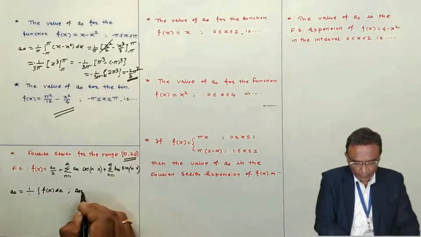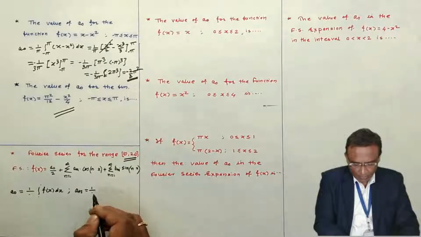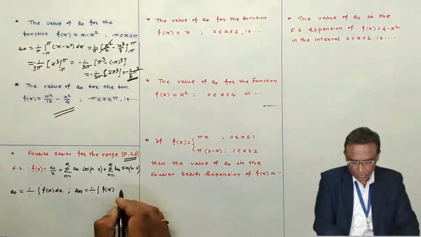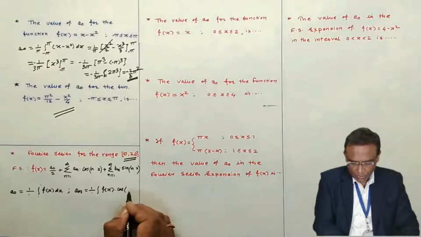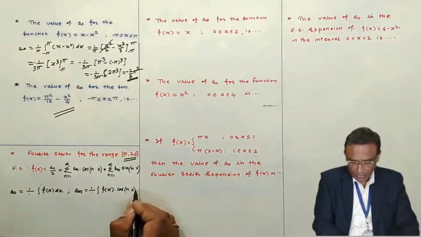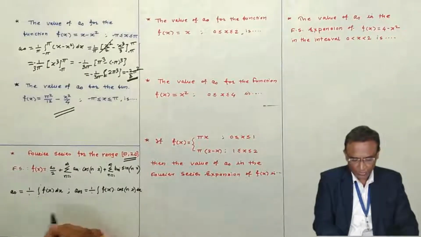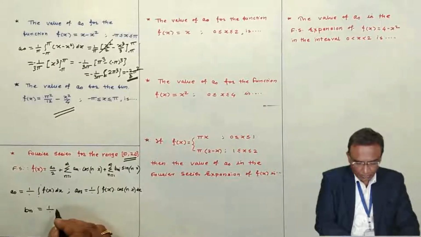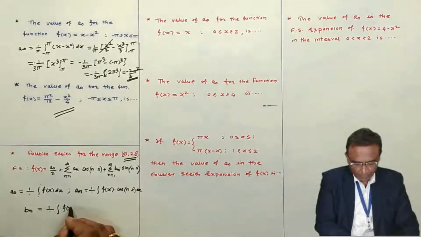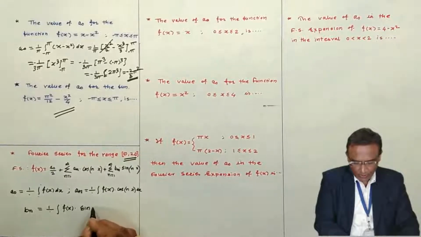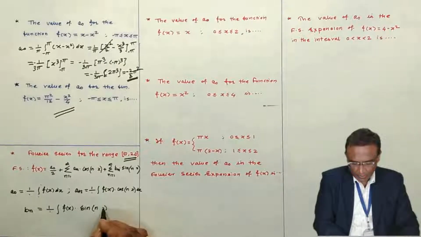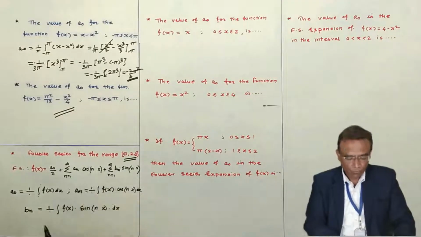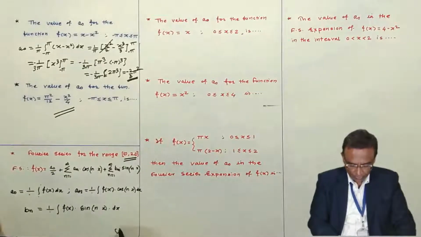The formula for an is 1 by pi, f(x) cos of nx, we are integrating with respect to x, and bn is equal to 1 by pi, f(x) sin of nx, integrating with respect to x. This is the Fourier series formula for 0 to 2 pi.